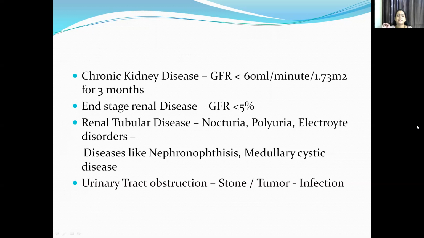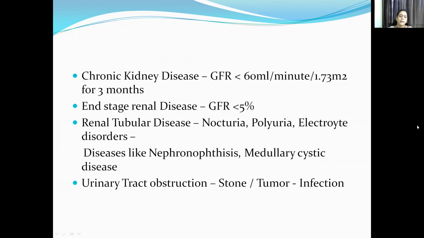If the GFR is less than 60 ml per minute per 1.73 meter square persistently for 3 months, then you call it chronic kidney disease. Now coming to end-stage renal disease. When you stage chronic kidney disease according to the GFR, if it is less than 5%, it will result in end-stage renal disease.